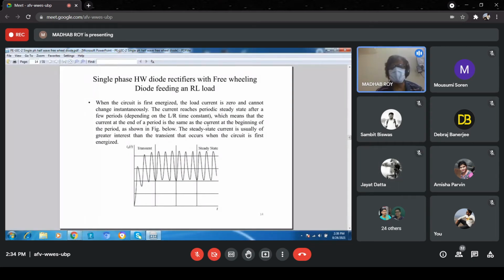Okay, now tell me, in Faraday's induced EMF L di/dt, if dt is 0, instantaneous, in that case, 0 cannot change instantaneously. It is a statement, but why is it a statement? The load current is 0, but it cannot change instantaneously. An abrupt change of the current cannot happen.